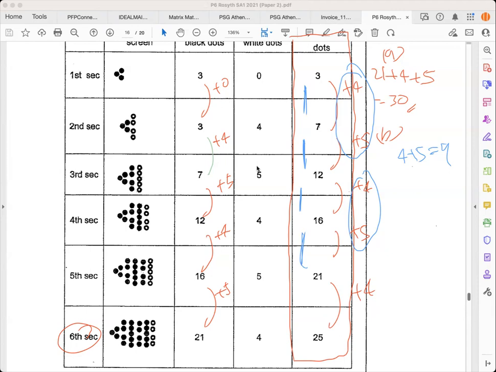So let's see from the first second to the 30th second, how many groups of 2 intervals are there? From the 1st to the 30th second, there are 29 intervals. So 29 intervals divided by groups of 2 intervals, you get 14, remainder 1. So there are 14 groups of 2 intervals, and there's a remainder 1.